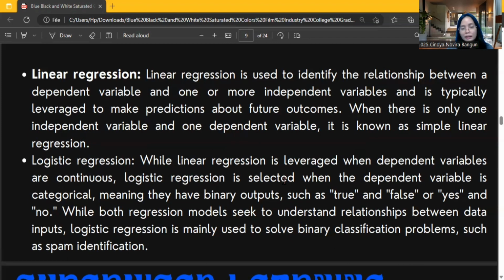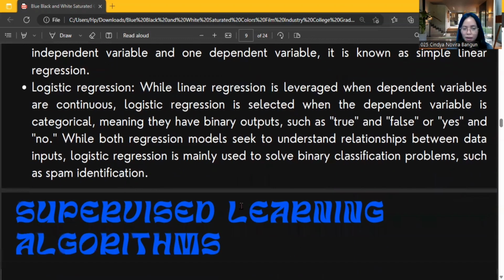While linear regression is leveraged when dependent variables are continuous, logistic regression is selected when the dependent variable is categorical, meaning they have binary output, such as true and false or yes and no. While both regression models seek to understand the relationship between data inputs, logistic regression is mainly used to solve binary classification problems such as spam identification.